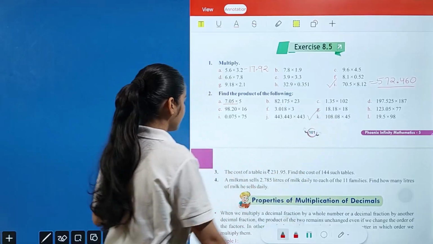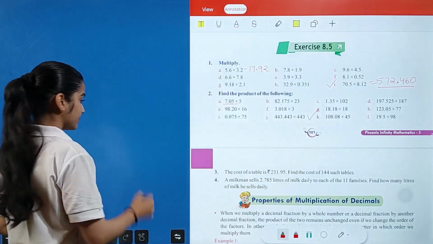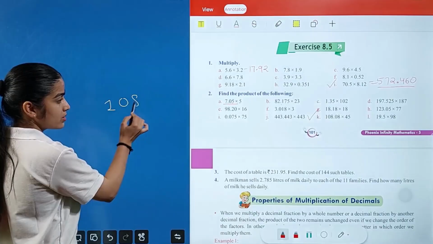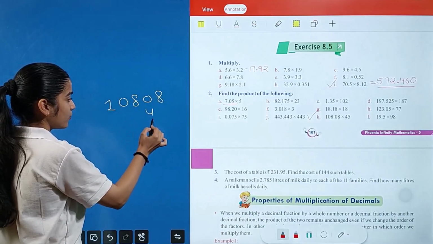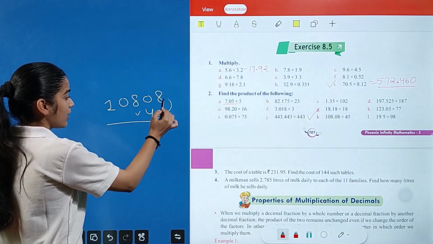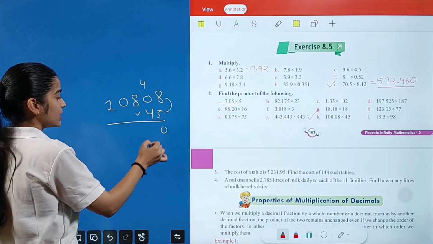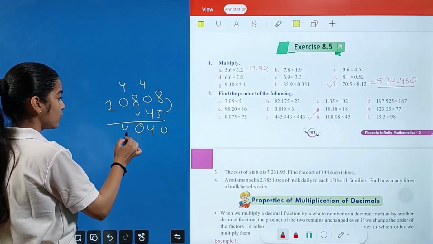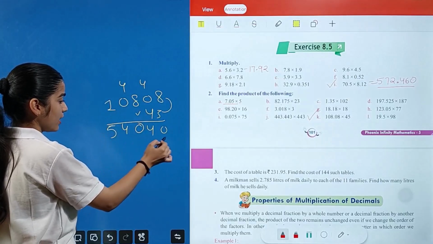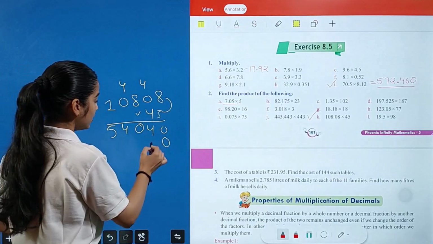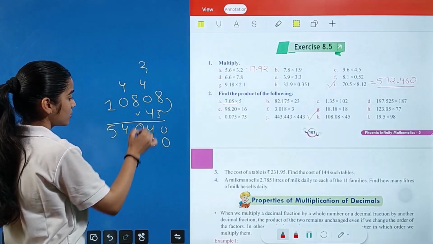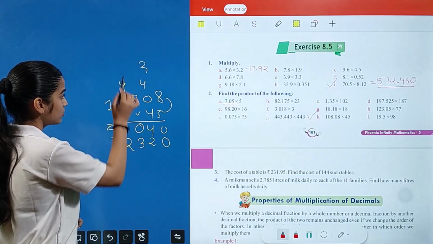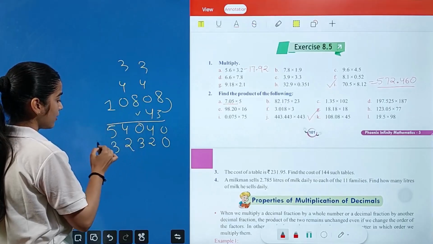Now take one more example. Let's take this one. 10808 multiplied by 45. 5 eights are 40, 4 carried. 5 multiplied by 0 is 0, plus 4. Then we have to put a 0. 4 eights are 32, 3, 4 0 3, 4 eights are 32, 0 3, and 4 ones are 4.